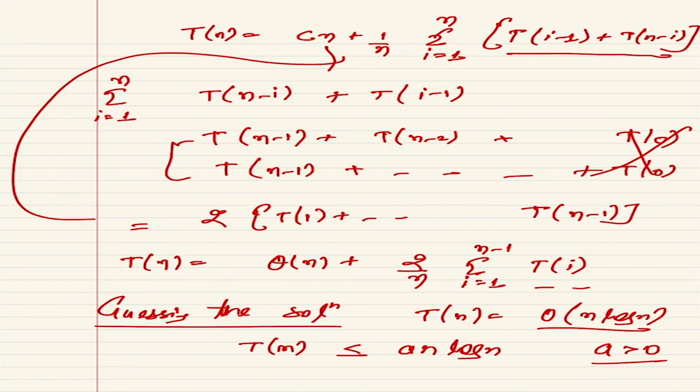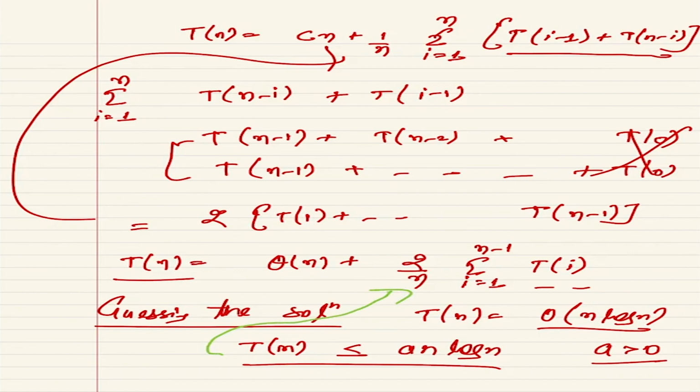Now, okay, fine, let's do that. Tn less than or equal to a n log n. I put the LHS as it is. I have to prove the LHS is less than or equal to a n log n, but right now I substitute that in the RHS.